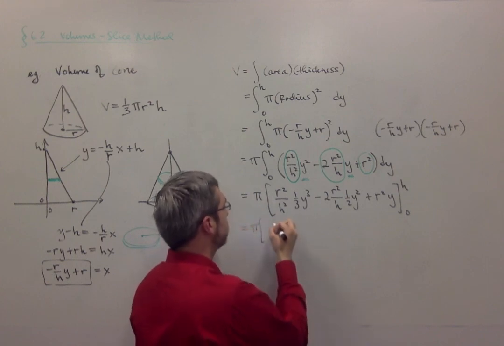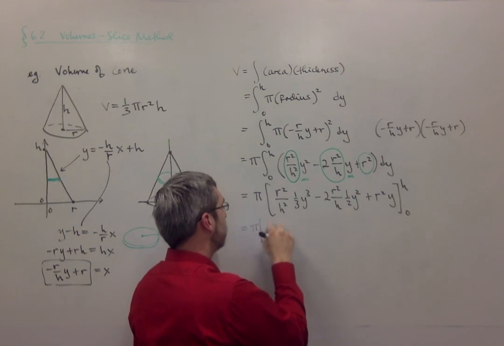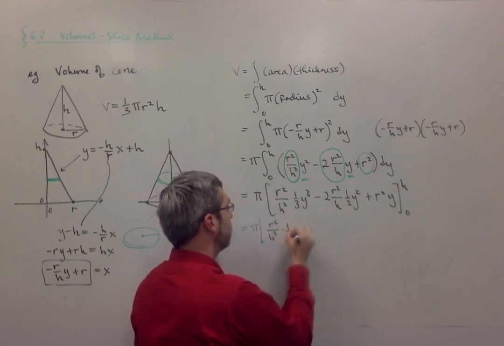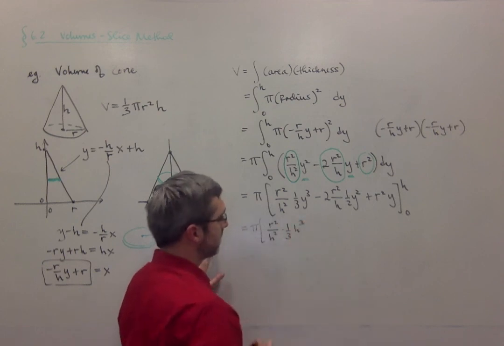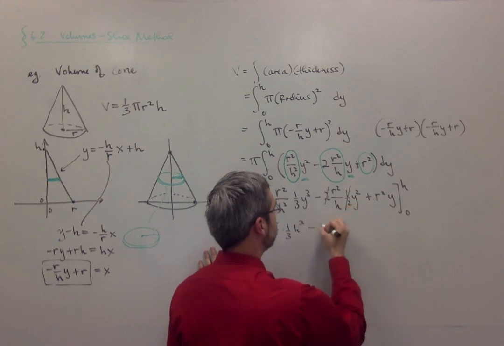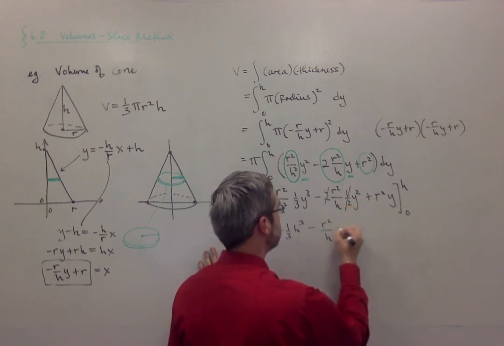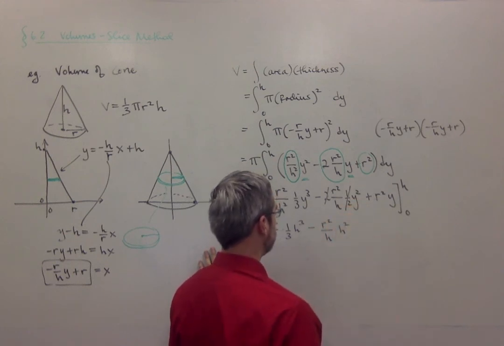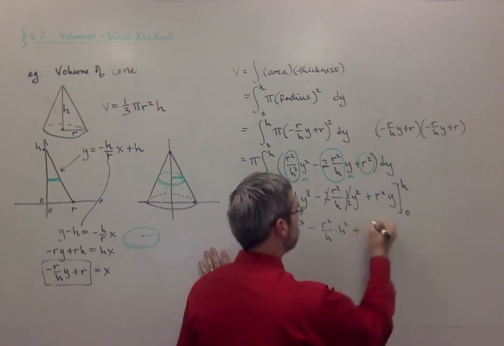We get r squared over h squared, and then 1/3 h cubed, minus the 2 and the half are going to cancel. I get r squared over h times h squared plus r squared times h.